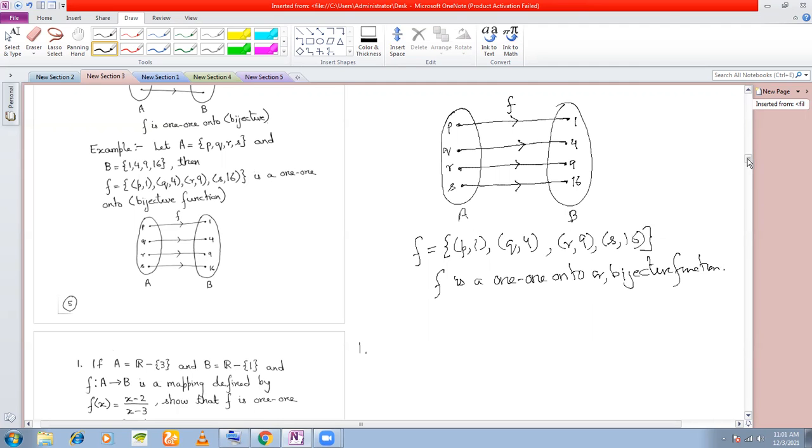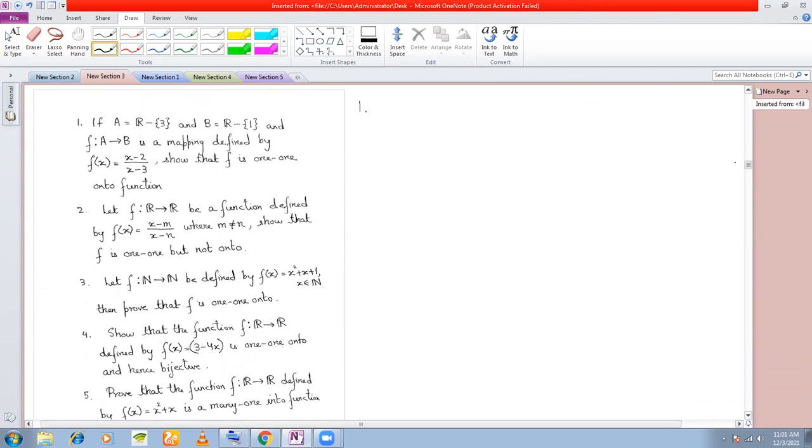Look at the first question here. Given A here is the set of real numbers except the real number 3, and B here is the set of real numbers except the number 1.